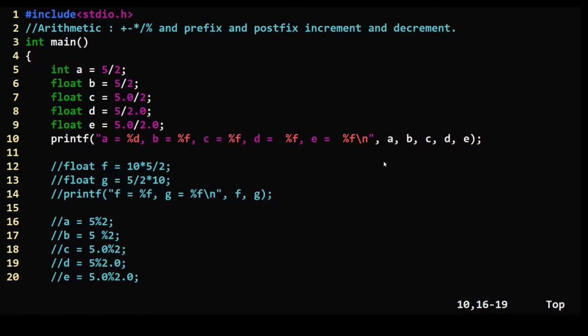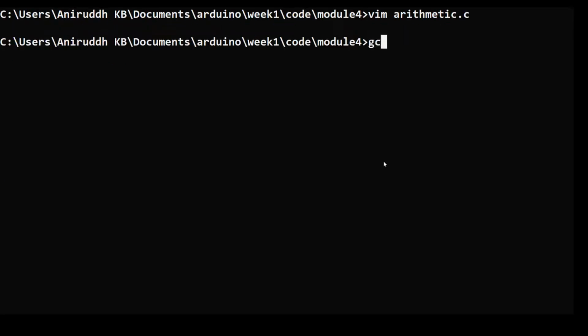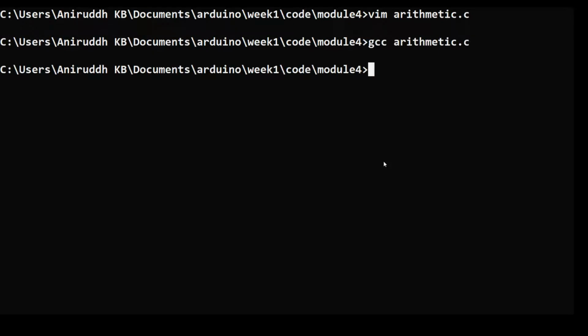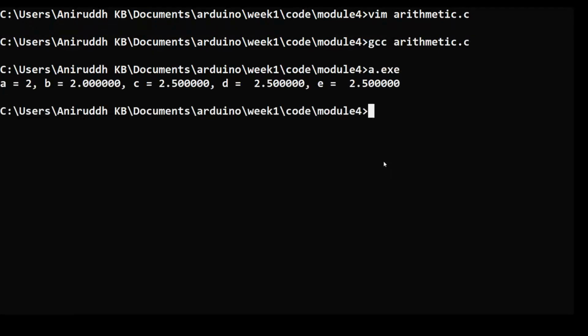And here we print A, B, C, D and E. Let's see what the result is. A is 2, B is 2.0, C is 2.5, D is 2.5, E is 2.5.